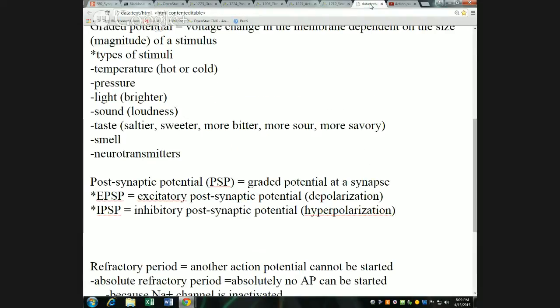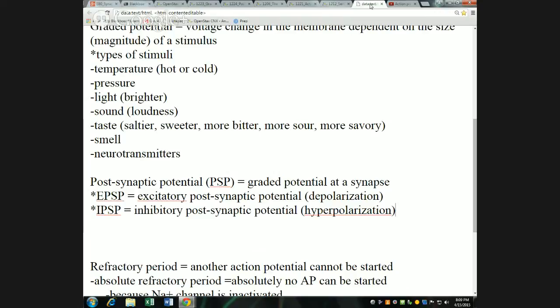Now, the figure I just went to a second ago to point that out is just about graded potentials, and those are not necessarily postsynaptic potentials. They could be graded potentials anywhere based on any of those stimuli that I've listed. Postsynaptic potentials are the graded potentials that are dependent on neurotransmitters. Okay, neurotransmitters released in the synapse, and some of them cause depolarization and some of them cause hyperpolarization.